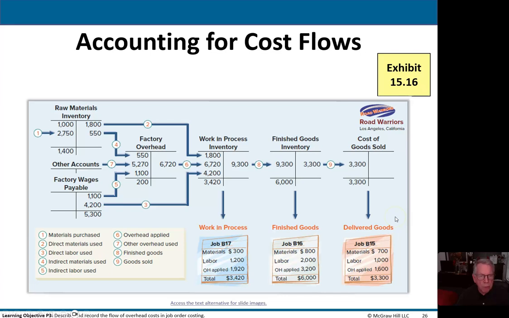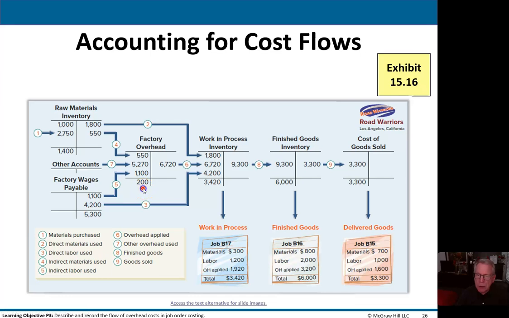Now, you will notice here that factory overhead has a $200 debit balance. That means it was under applied. We didn't apply enough overhead here to offset all the actuals here. So we debit factory overhead for actuals, we credit factory overhead for what we apply.